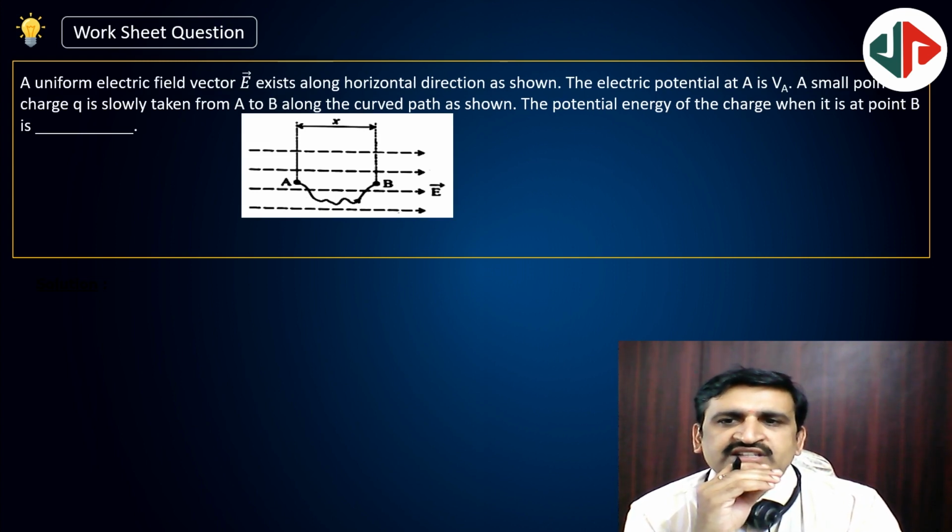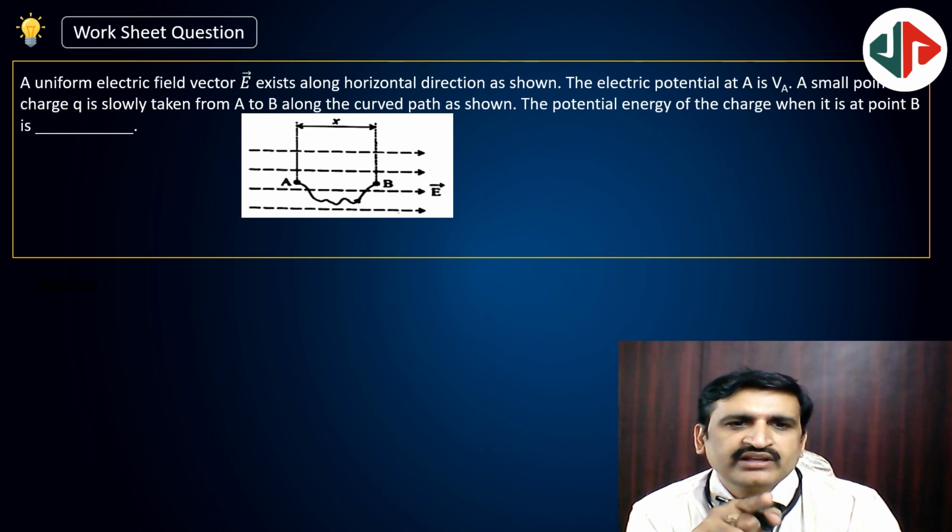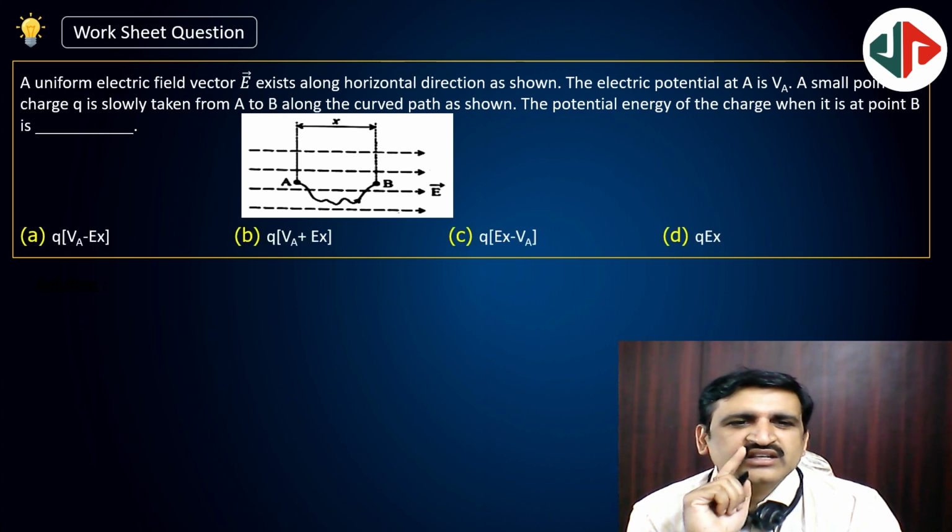A uniform electric field vector E exists along the horizontal direction as shown in the figure. The electric potential at A is VA. A small point charge Q is slowly taken from A to B along the curved path, independent of path. Potential energy of the charge at point B is equal to potential difference into charge Q, which is the work done, that is the potential energy.